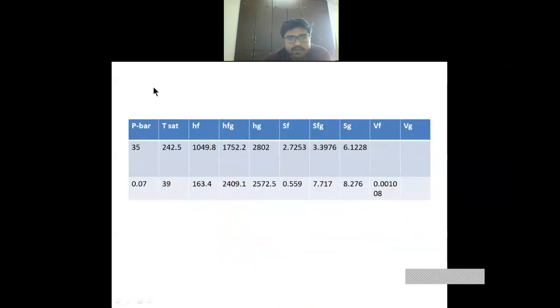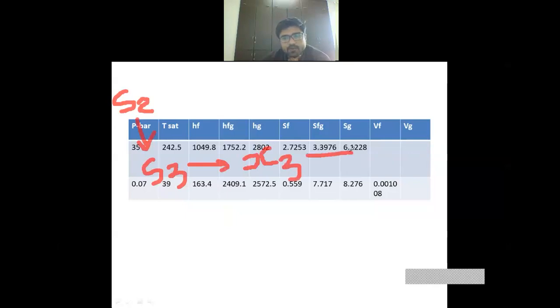So the procedure will be like this. First you have to find out S2. On the basis of S2 you find S3. Clear? Because S2 is equal to S3, you get S3. From S3 you can get the value of X3, and from X3 finally you can get the value of H3.